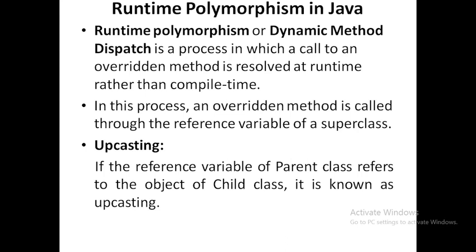Runtime polymorphism is the process in which a call to an overridden method is resolved at runtime rather than compile time. For overloading we use a static method, and runtime polymorphism is dynamic. You have to know this one.